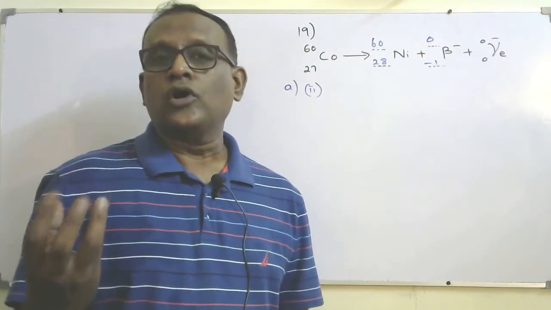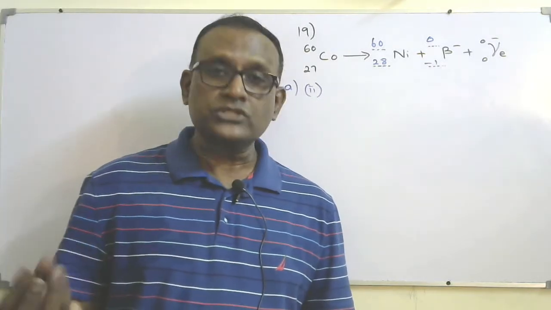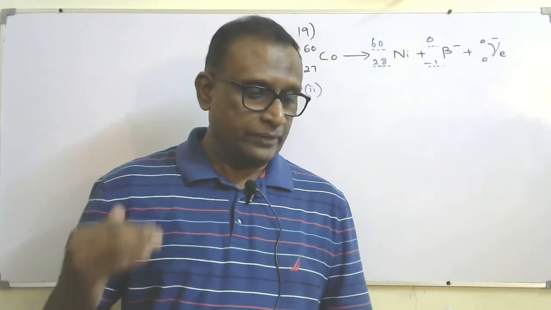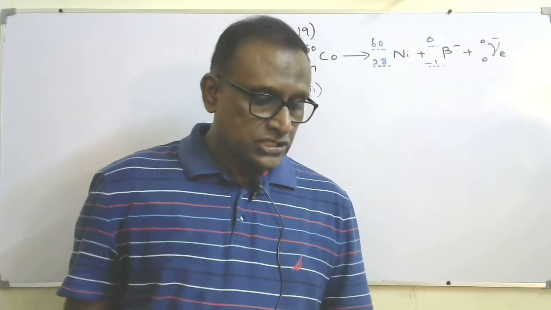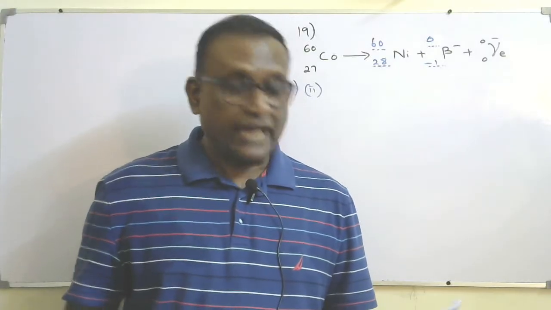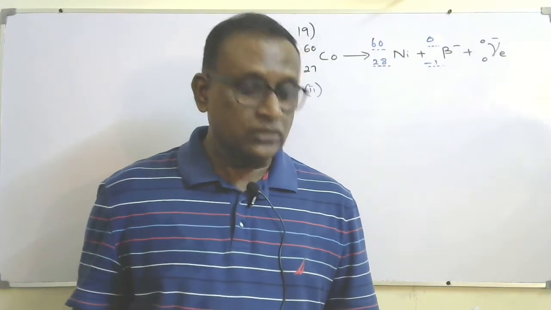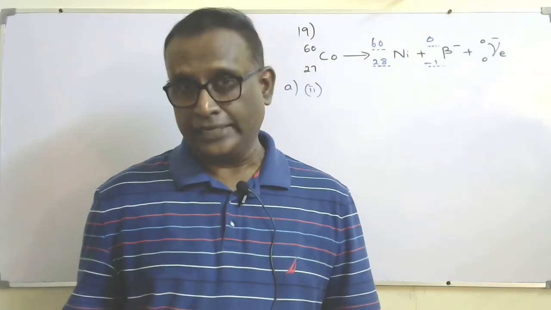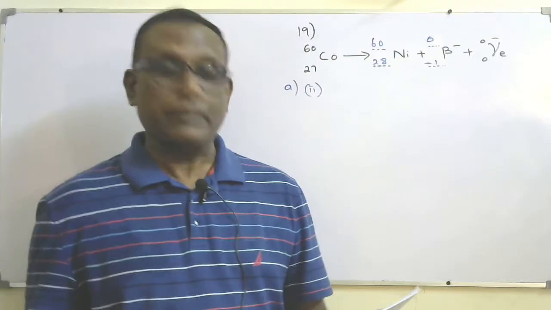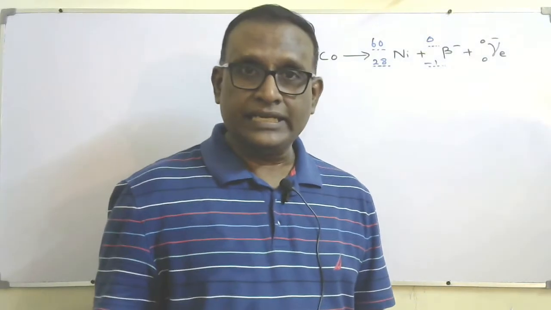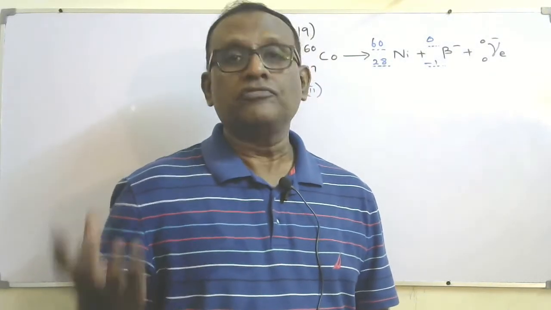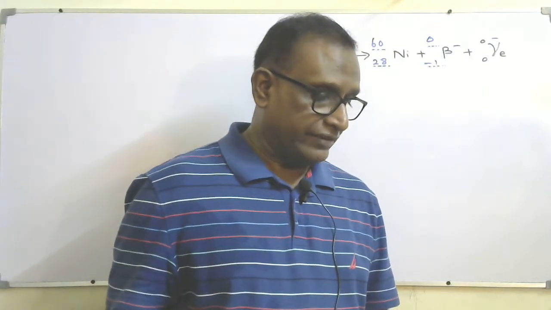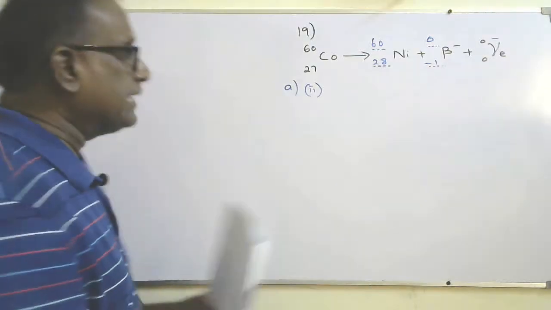So this cobalt could be used to sterilize until its activity drops to 1.85 × 10^14. The half-life is given in years and how many seconds in 1 year is given. So calculate the time in years until the source could be replaced. So we should calculate the time taken by the activity to drop from 4.07 × 10^14 becquerel to 1.85 × 10^14 becquerel. So that is a simple question.